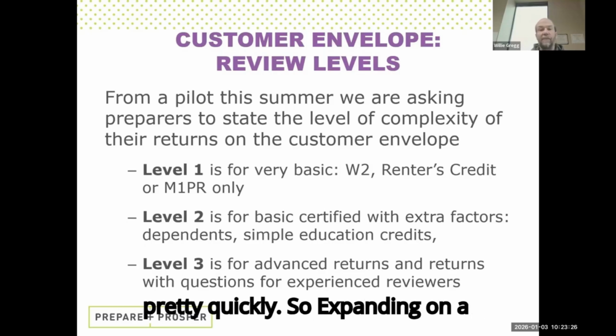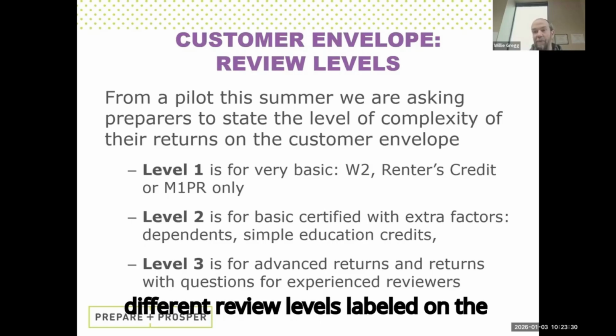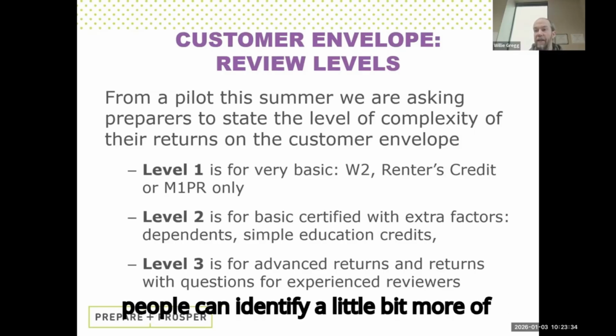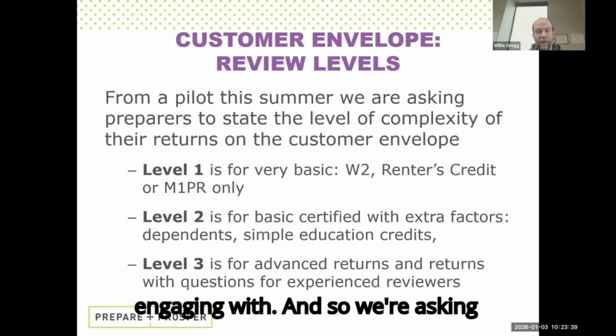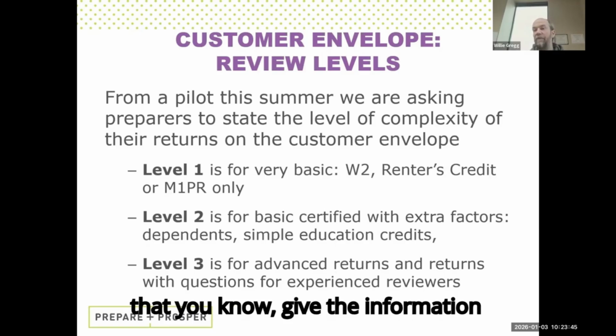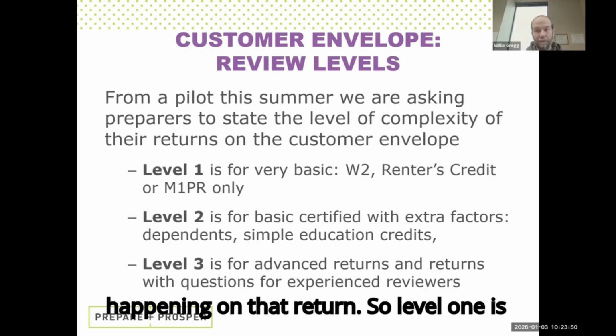So we're expanding on a pilot that we started this summer to have different review levels labeled on the customer envelope so that people can identify a little bit more of the complexity of the return they're engaging with. And so we're asking preparers to label the return to give the information to the reviewer or hybrid about what is happening on that return.